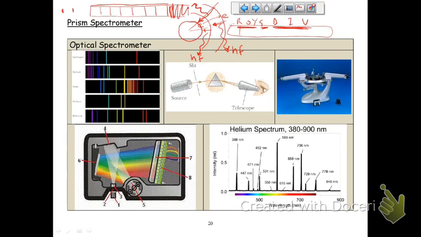When the atoms bounce into each other, we have basically the Pauli exclusion principle, which says no two atoms that are bouncing into each other can have the same energy. So what they do is they start splitting their energy levels. Let's say there are 3 energy levels, but there are 1,000,000 atoms bouncing into each other. So the first one has that, and the second one might have that, and the third one might have that, and the fourth one, I'm going to keep them in order.